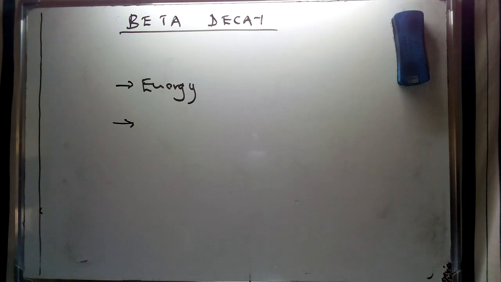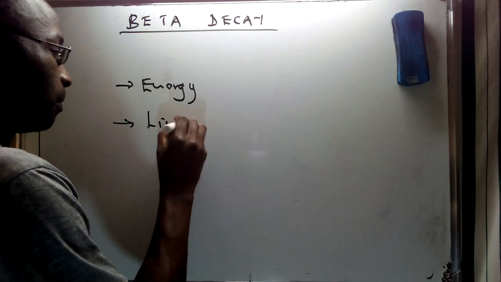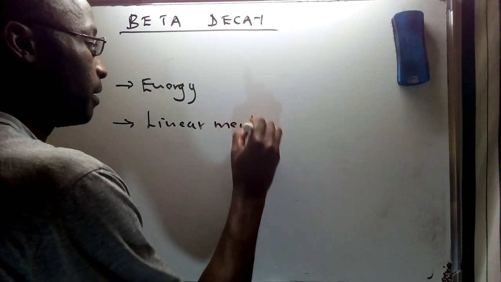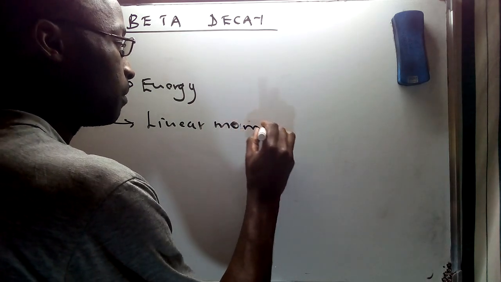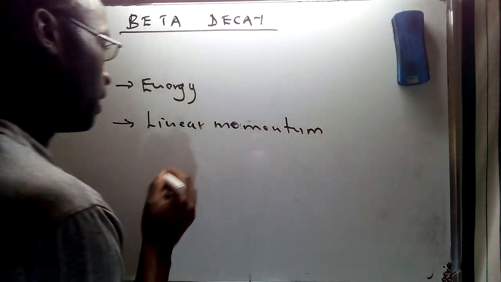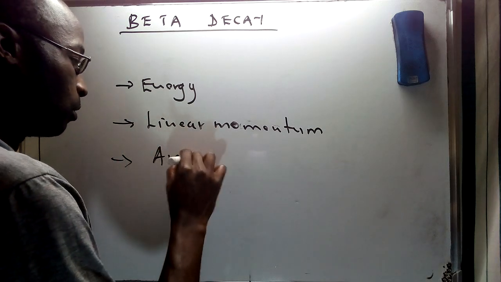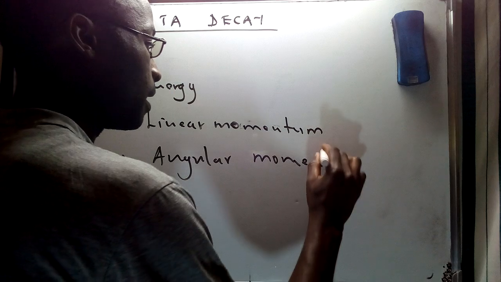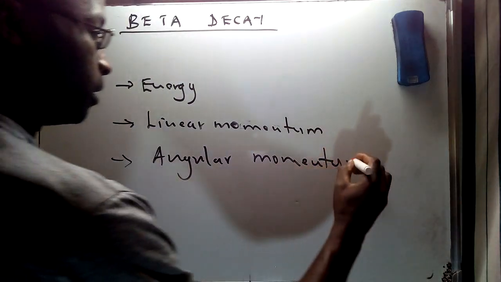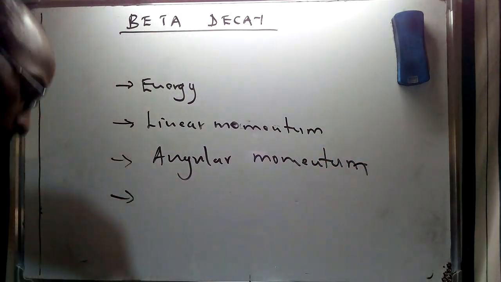And also we said that there are some aspects like linear momentum, which is another aspect which has to be conserved. We also spoke about the concept of angular momentum, which also falls under this category of conservation laws.